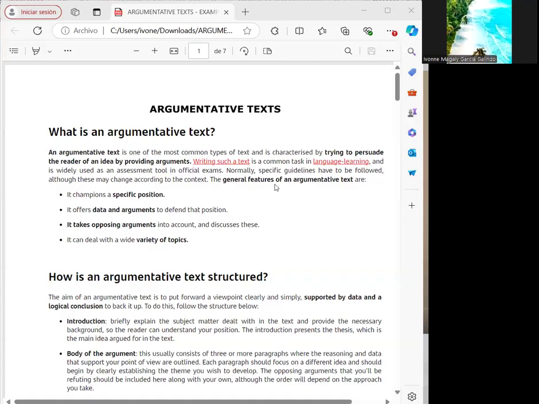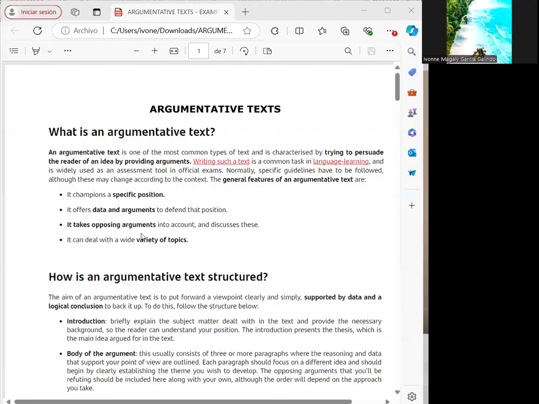The general features of an argumentative test are it champions a specific position, of course, because you have a point of view. It offers data and arguments to defend that position because you are trying to persuade. That's why you have to bring data and arguments. It takes opposing arguments into account. This is very important.